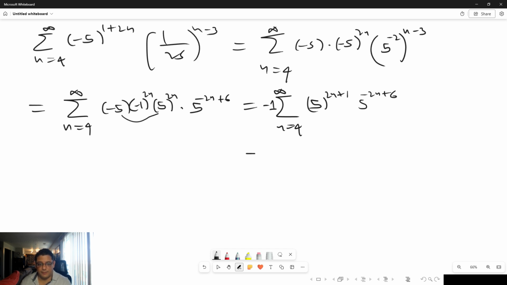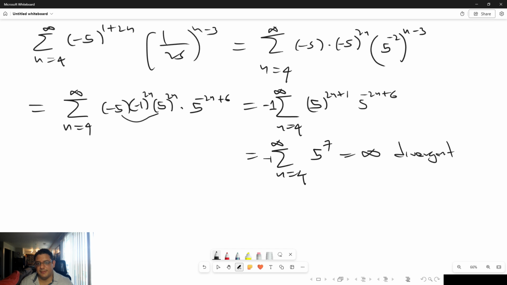And so this is going to be a fun case, because just by rearranging, I'm going to have that this is 5 to the 7. And so obviously this is the sum of a constant, and because it's the sum of a constant, this is going to be infinity, and it's going to be divergent.